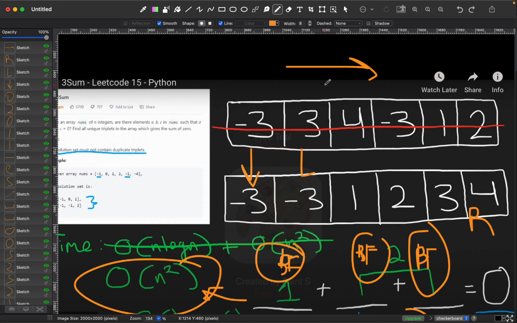So you move here, you are increasing, and then from here you go this side, you're decreasing the value.